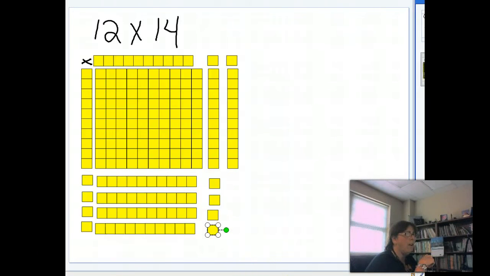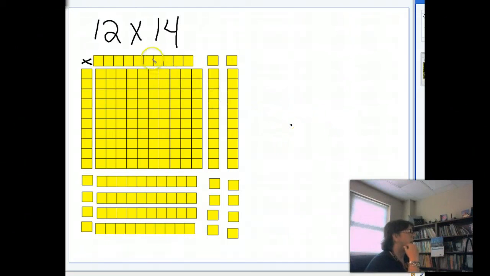So now I have to take care of that last one. Now I have a 1 by 1, and I need another 1 by 1, and finally I need one more 1 by 1.